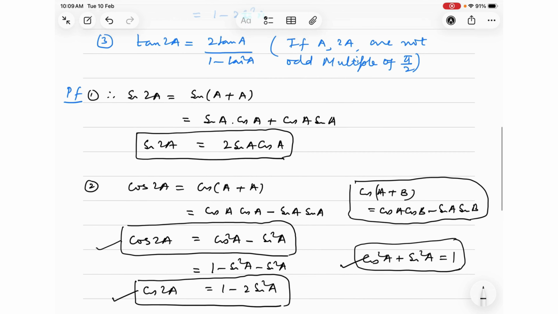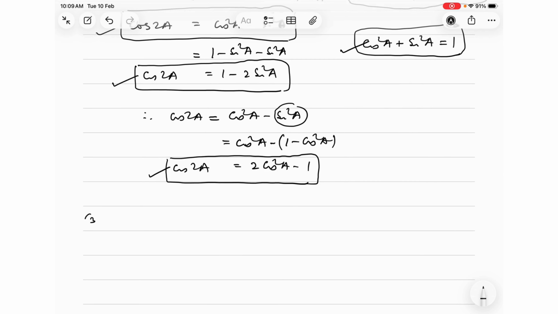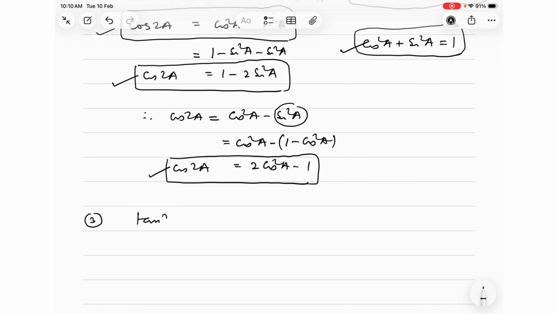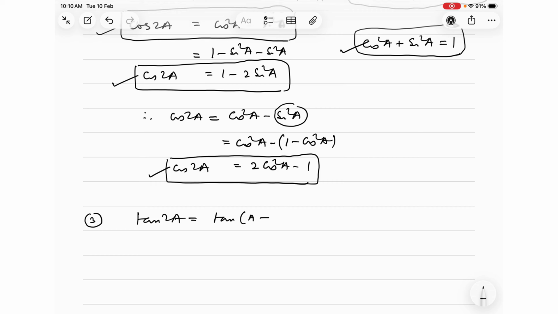Now the third result, that is tan 2A, let us try to prove it is 2 tan A by 1 minus tan square A. So tan 2A, we can write it as tan of A plus A. So again in your compound angles chapter, the tan of A plus B formula, already we wrote it as tan A plus tan B by 1 minus tan A tan B. I hope you have revised the compound angles chapter.